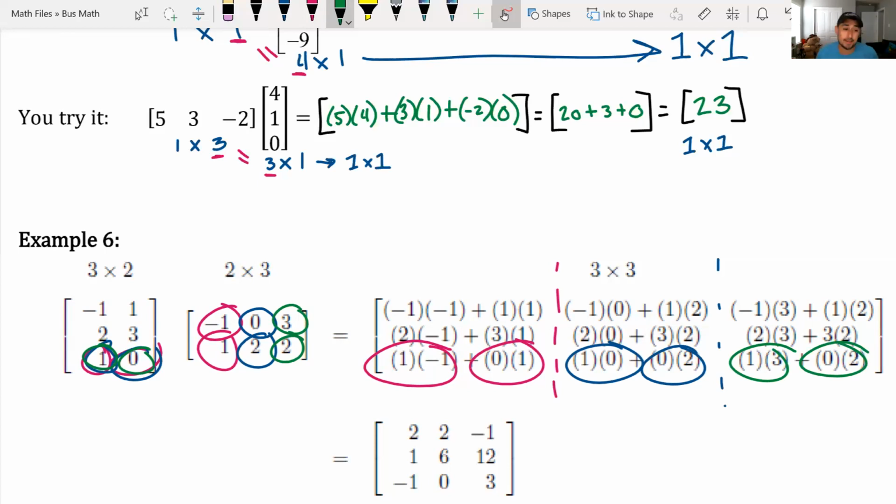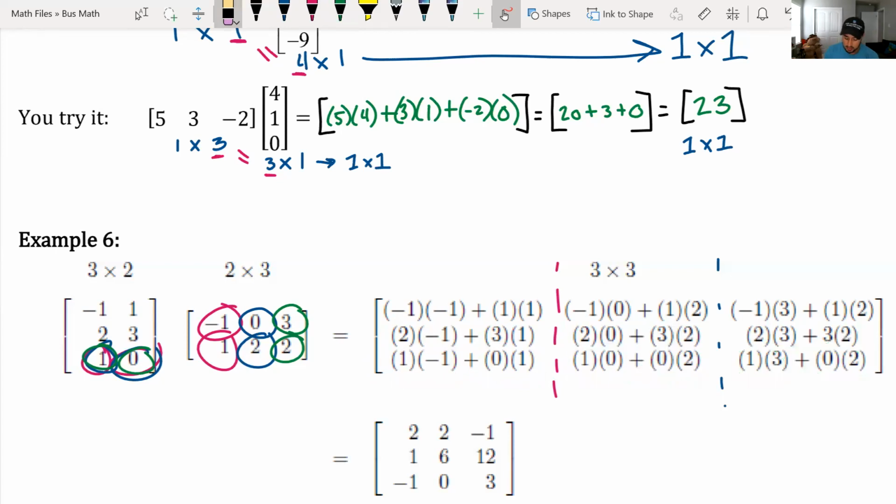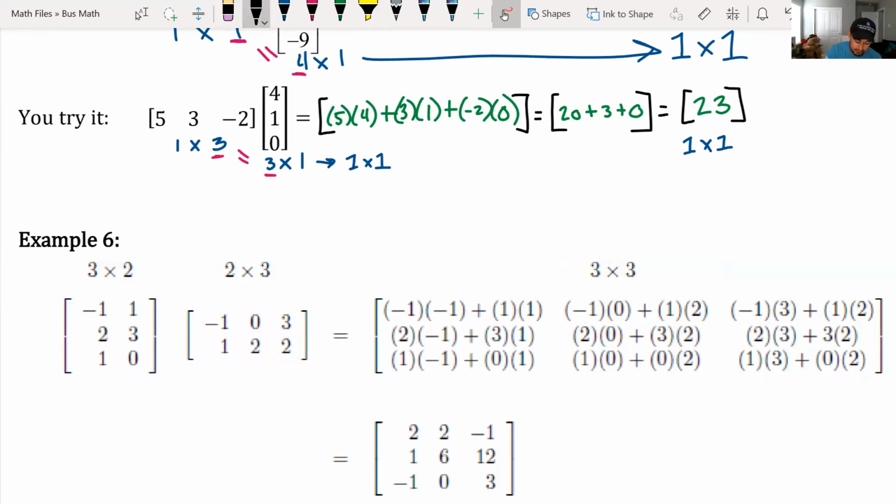Whew. And that's how you piece them together. It's row times columns, second row times columns, third row times columns, and then you'll get there. Okay. So you might be seeing a pattern, because here's -1, here's 1, -1 and 1 from the first matrix, and then here's -1 and 1, -1 and 1 from the second matrix.